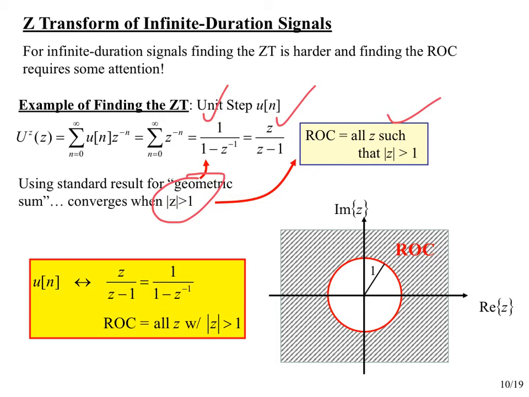So we can write down, here's our result, and you could write it either in this form or this form. Either one is fine, but in both you need to write that the region of convergence is all z with magnitude of z greater than 1. Okay, so that's our first result for an infinite duration signal.